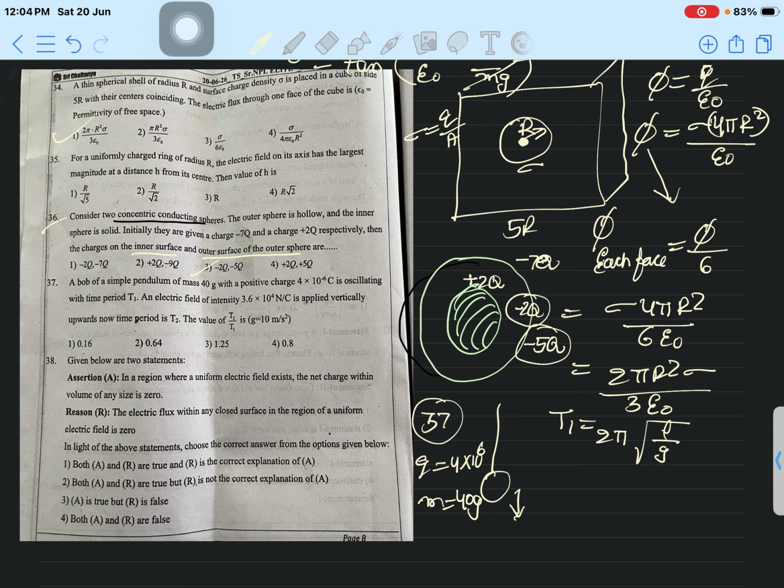See, its weight is acting downward, electric field is acting upward. That means time period formula we have discussed in the class. What is the time period formula? Length will be same, g effective will be g minus eq by m.